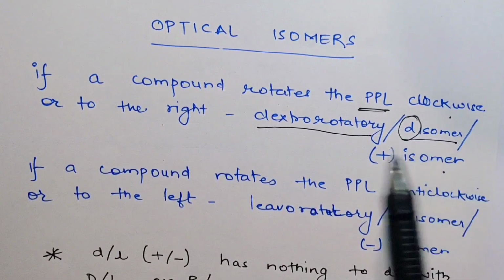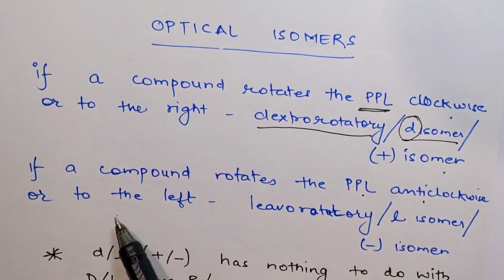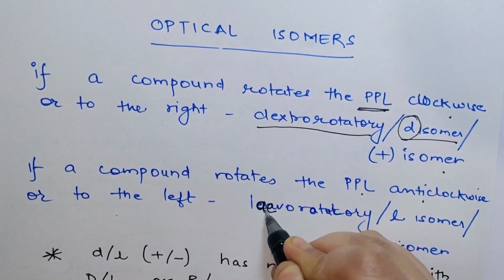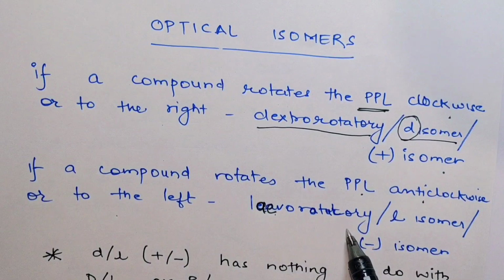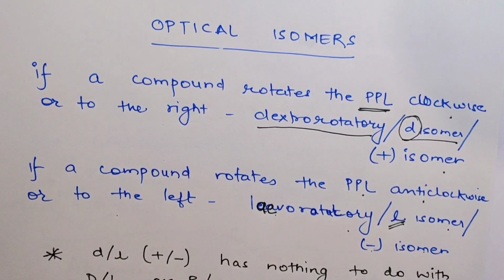If it rotates plane polarized light anti-clockwise or to the left, then we would call it levorotatory, spelling mistake, levo with A first and E next, or small l isomer or minus isomer.